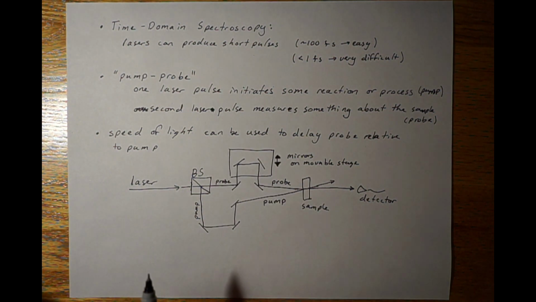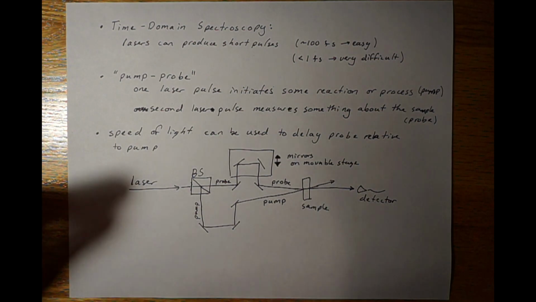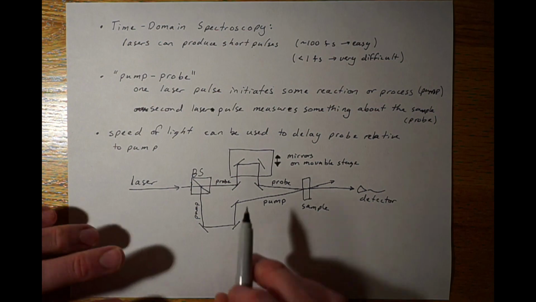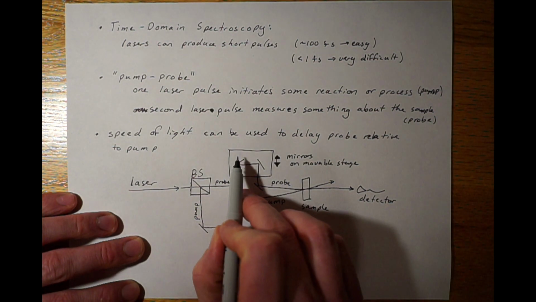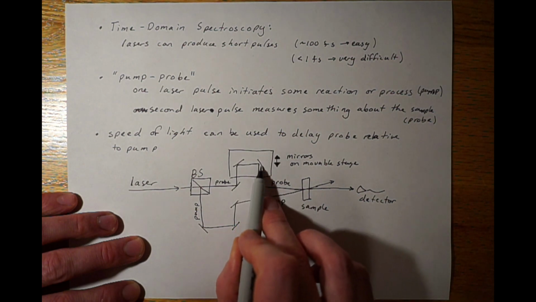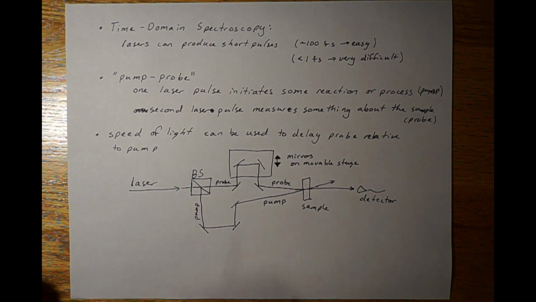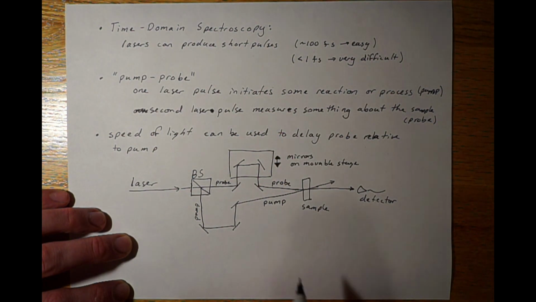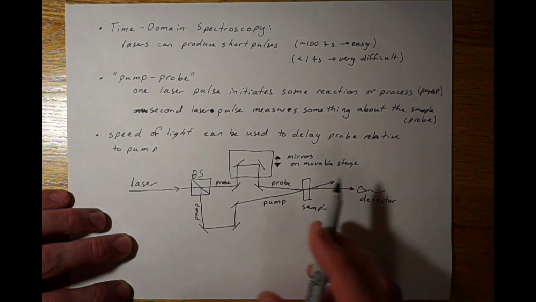We know it's traveling that farther distance at 3 times 10 to the 8th meters per second. So if we do a little bit of math in our heads, and it travels this extra distance and this extra distance, so up and down in our drawing, then a little bit of unit conversions in our head, a 1 micron delay gives us a delay of 6.66 femtoseconds.